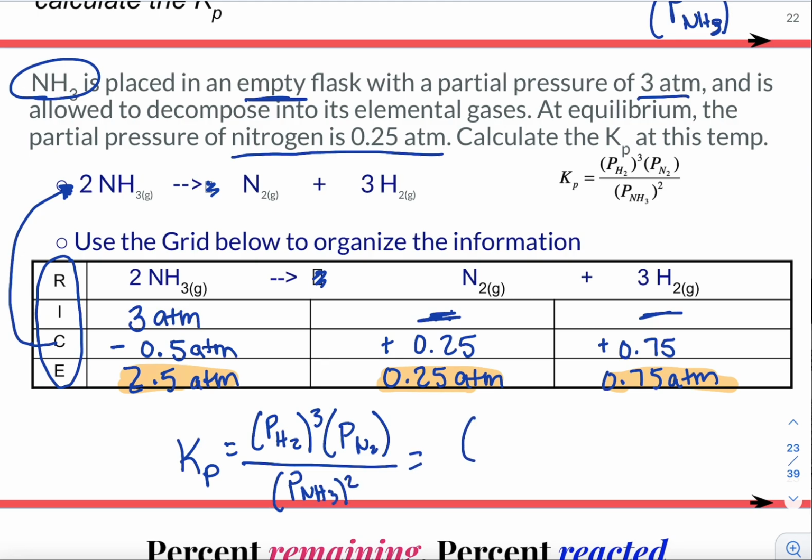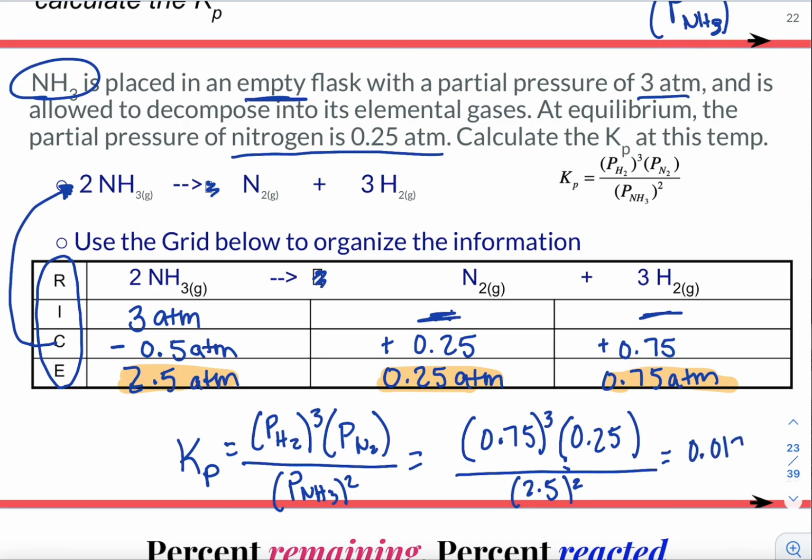Our H2 is 0.75, and that's to the third power. Our N2, 0.25, and then our NH3 is 2.5, and that's to the second power. So when you do that out, this is going to be your Kp for this reaction.